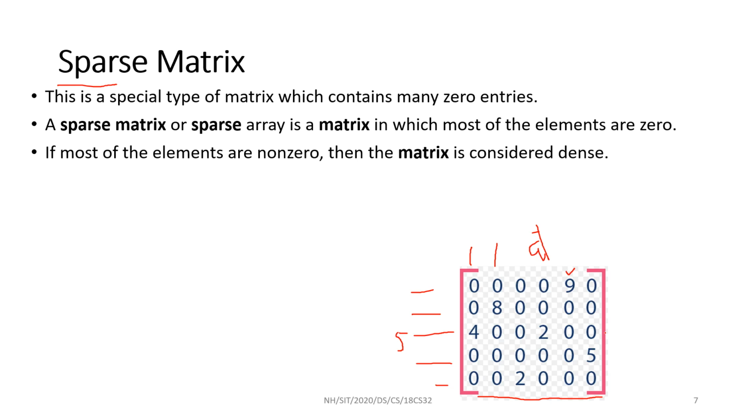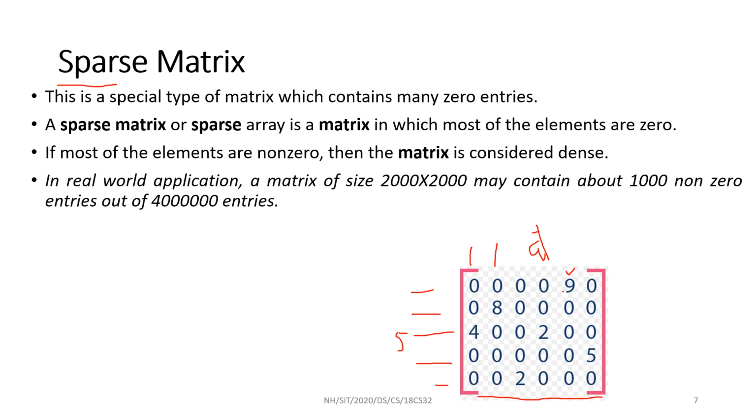So we have to find an alternate method to store only non-zero values. We are going to discuss how to represent a sparse matrix in memory with the help of arrays or structures.